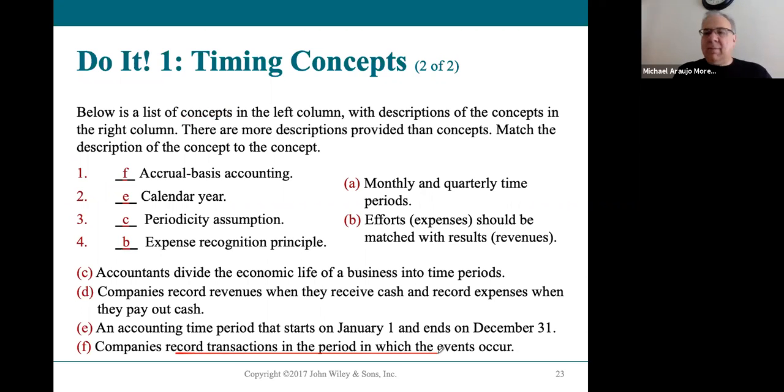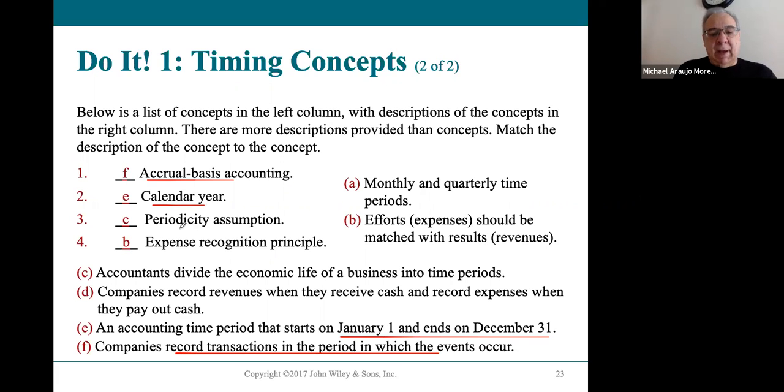Whether we collected cash or not, whether we paid cash or not, we're keeping track of it. That's accrual basis. Okay. A calendar year is the traditional year. Starts January 1st, ends December 31st. Instead of a calendar year, a company can also use a fiscal year, which is any 12-month period, at least if the months are consecutive, right?